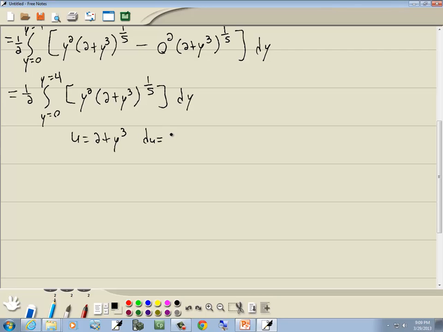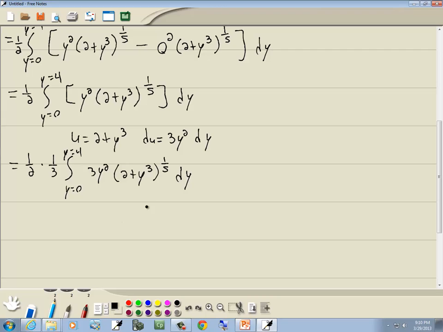The derivative of y to the third is 3y squared dy. Well, we have the y squared, we have the dy, but we need a 3 in there. So we'll put 1 in there, and we'll offset it with a 1/3 out in front. So we have 3y squared and 2 plus y to the third to the 1/5 power.